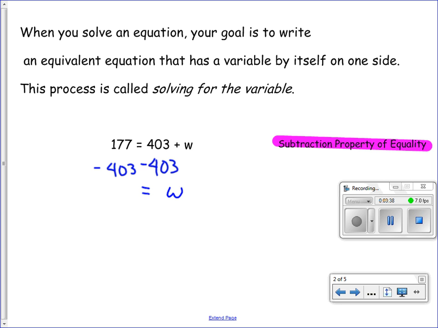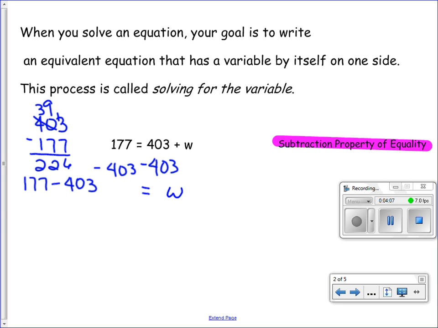Now I have 177 minus 403. Is my answer going to be a positive 226 or a negative 226, class?